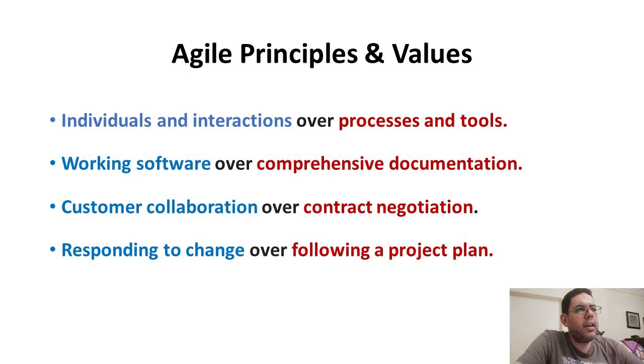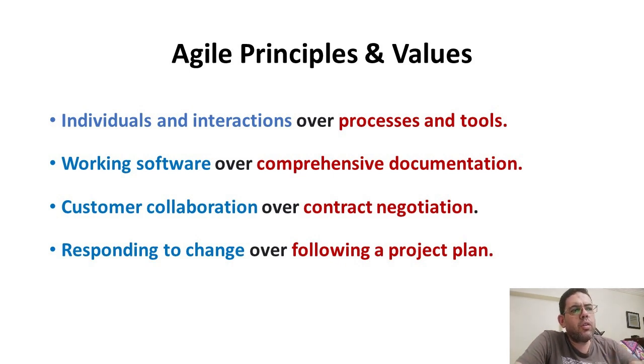So in Agile, we support individuals and interactions over processes and tools. It does not matter which tool or which process we use, but we focus on the people and their interactions, and on motivating the team and making sure that they are working in harmony and in a smooth way, as Agile focuses on people and their interactions.